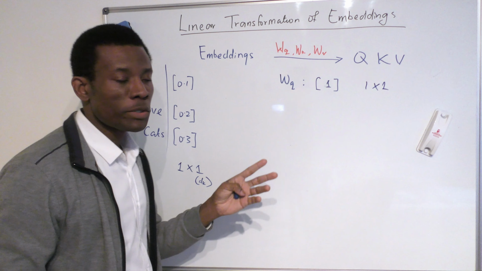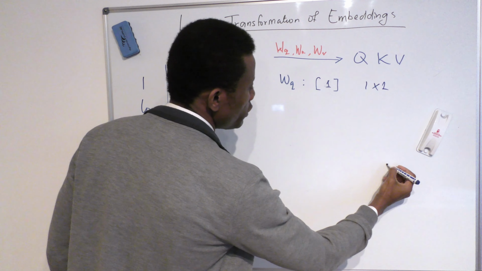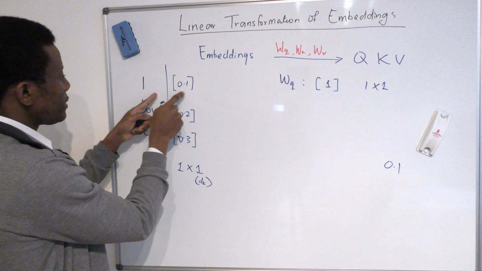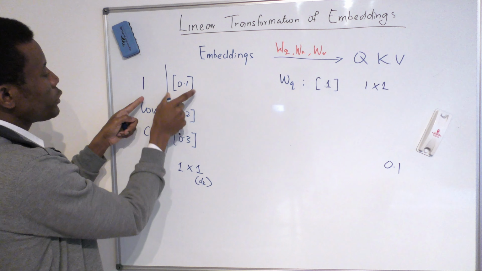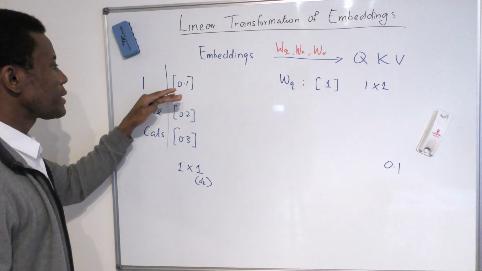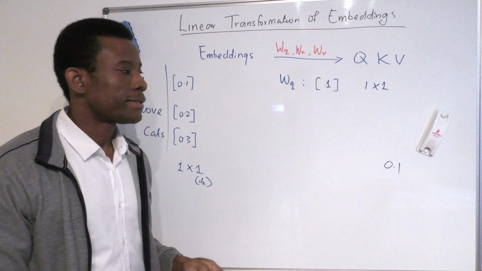The dot product is going to give us one single value, and it's simply going to be 0.1. In this case we are talking about WQ. Let's just stay with WQ for now, because everything else applies the same way.